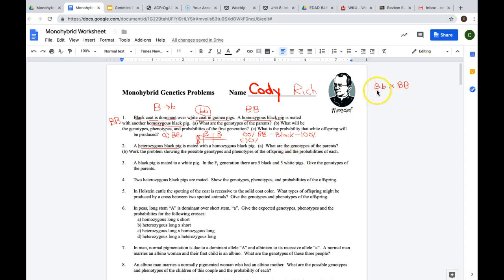What are the genotypes of the parents? Well, there they are. So that's A. Work the problem, show the possible genotypes and phenotypes of the offspring. So we're going to do big B, little b, big B, big B. We're going to make our Punnett square here.